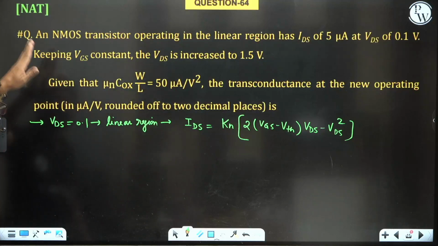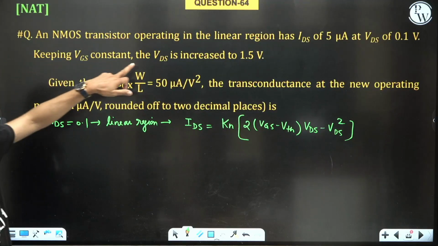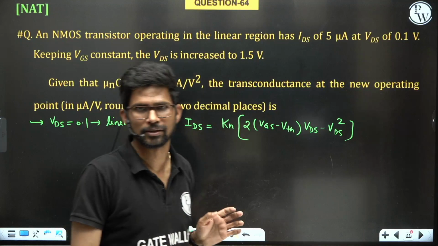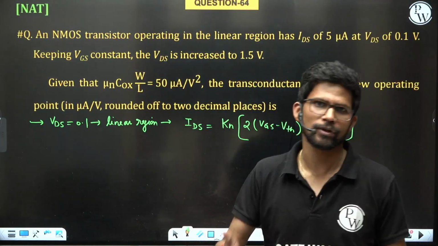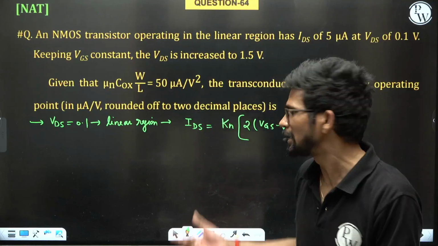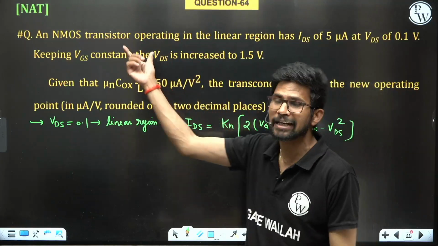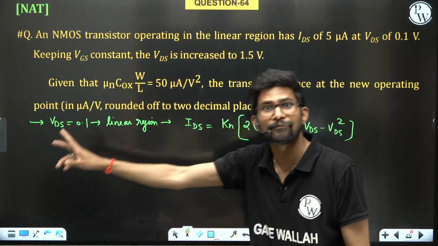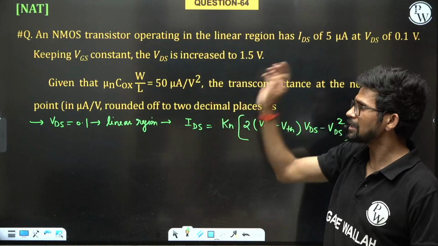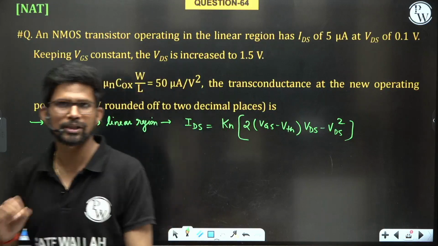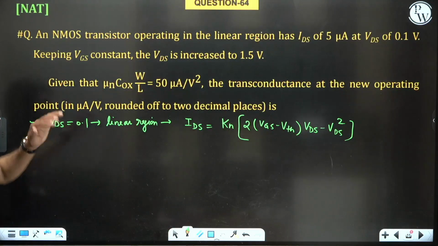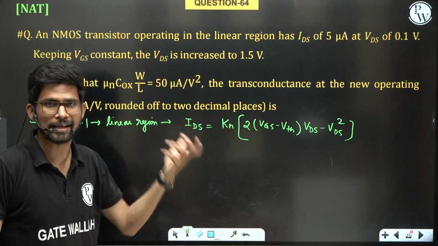Because in the second case, keeping VGS constant, VDS is increased. VGS and the threshold voltage will be constant, so VGS minus VTH for the second case will be at the same value, just VDS is changed from 0.1 to 1.5. So I must know VGS minus VTH to find the answer of the second part.